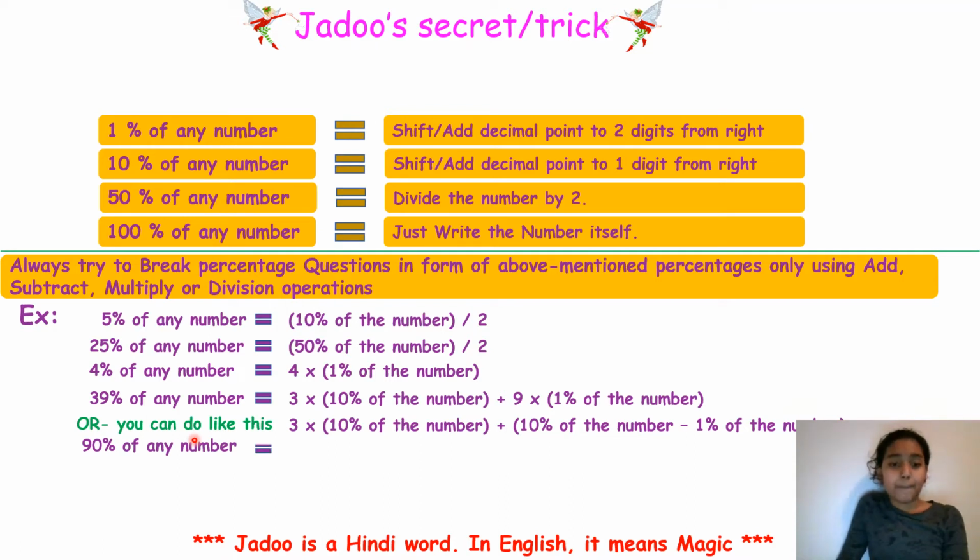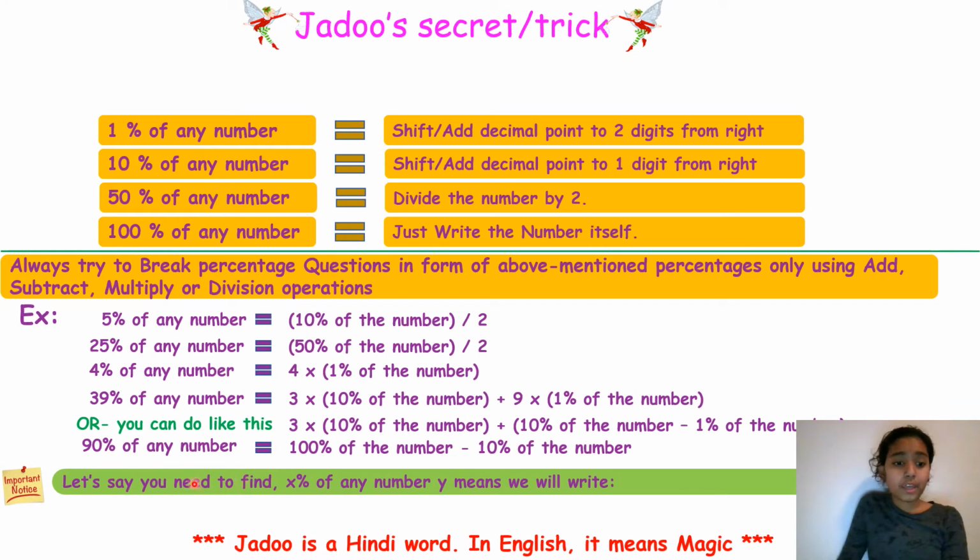90% of any number is nothing but 100% of the number minus 10% of the number. Okay, let's say you need to find x percent of y, where x means some number and y means some other number.